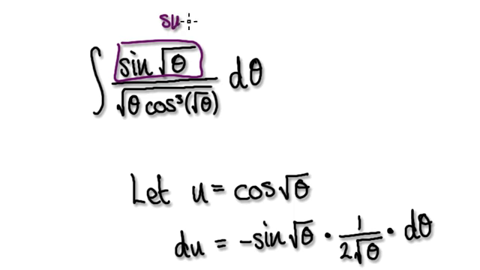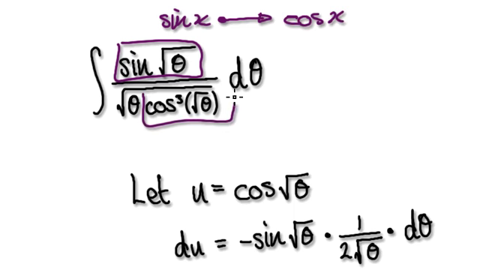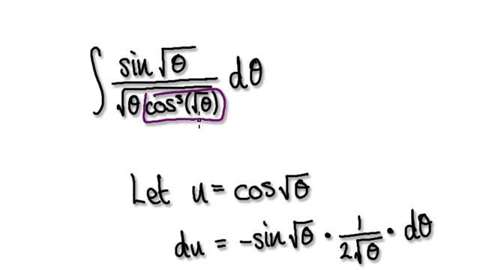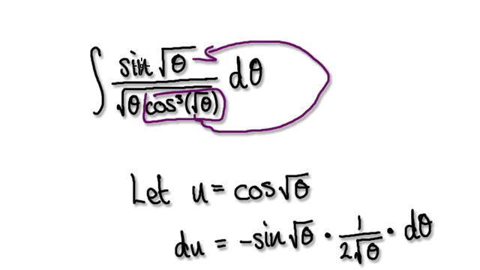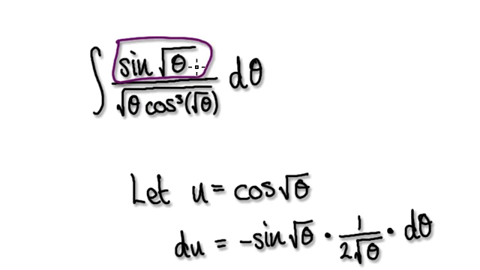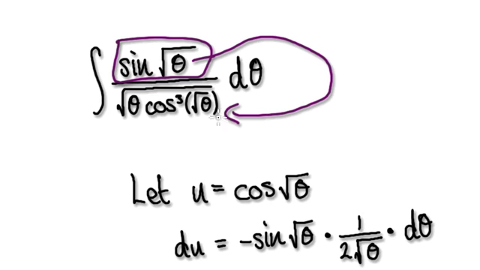If you start with sine of x, if you differentiate this, it will give you cos of x, but then here you've got cos of x to the power of 3. So it makes more sense to start from here and then slowly create this than to start from here and try to create this from it.